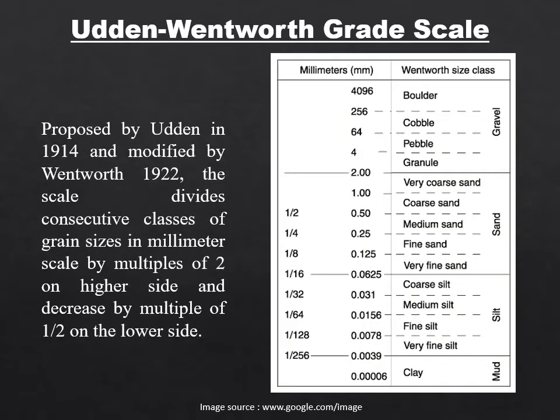For this reason, in 1914, the famous scientist Udden proposed a sedimentary grade scale. After that, in 1922, another scientist, Wentworth, slightly modified the Udden grade scale, and nowadays it is known as the Udden-Wentworth grade scale.